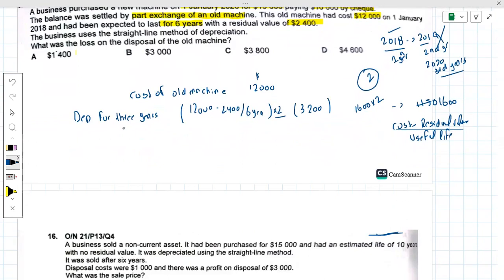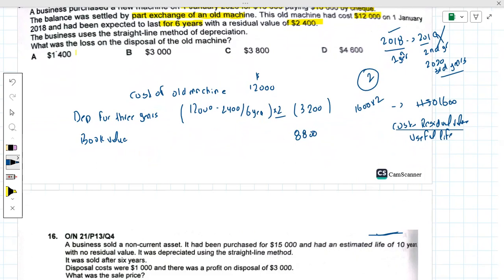Okay, so what is the book value now? So 12,000 minus 3,200. So we have the book value, which is $8,800.